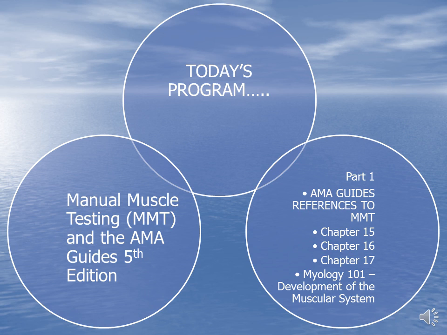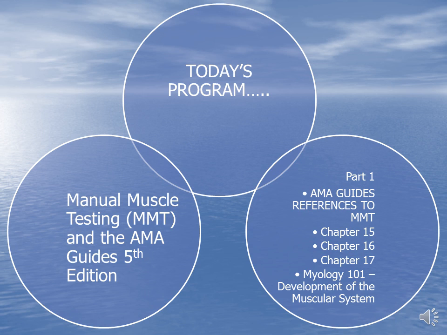So I felt that it was necessary and important to come up with some standardized criteria, and that's what I'm going to share with you throughout this program. In part 1 of the program, we're going to go through the AMA Guides, and we're going to open up chapters 15, 16, and 17, and I'm going to show you the references in those chapters that the Guides make to manual muscle testing.